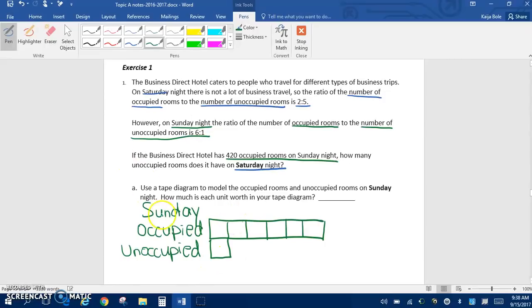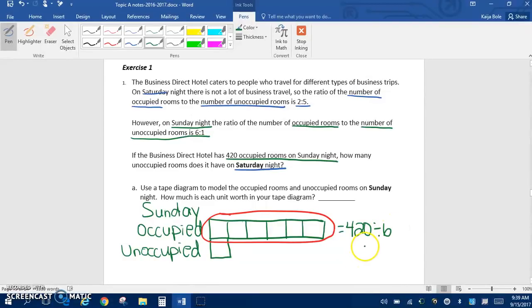So now we're trying to figure out how much each box is worth. They told us there were 420 occupied rooms on Sunday night. So that means that all of the occupied boxes represent 420. So this equals 420. We know that there are 6 boxes.